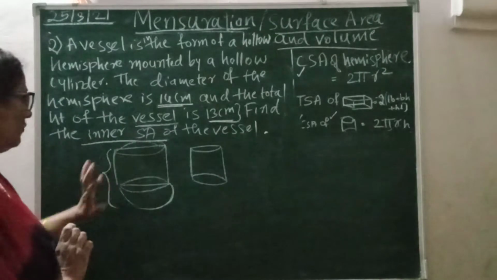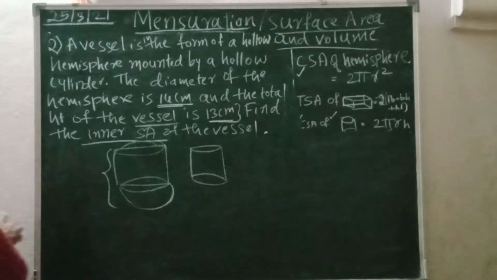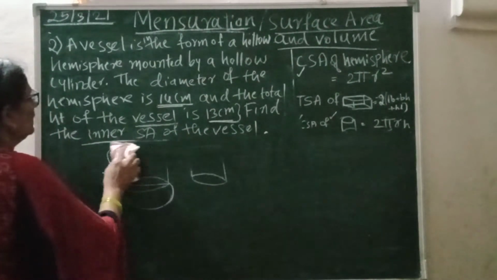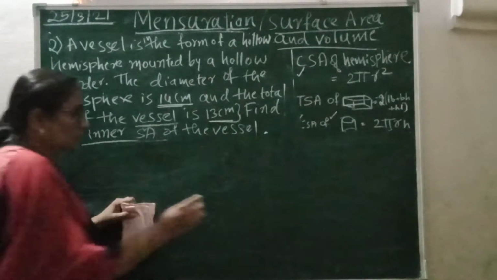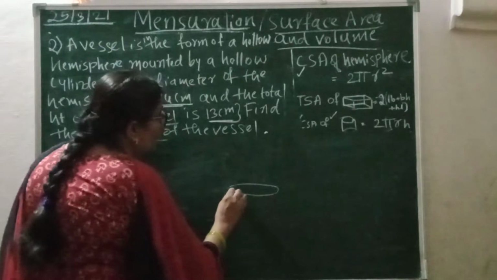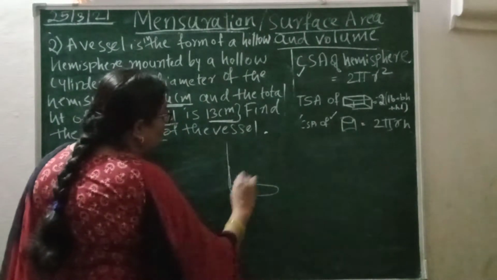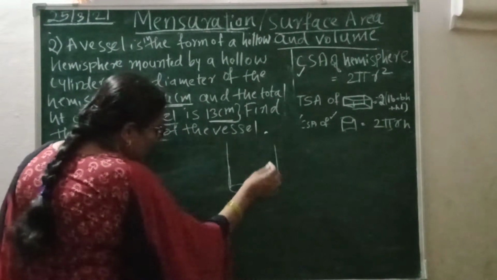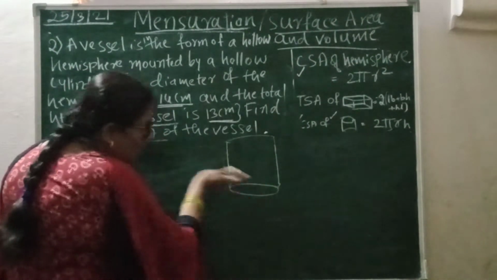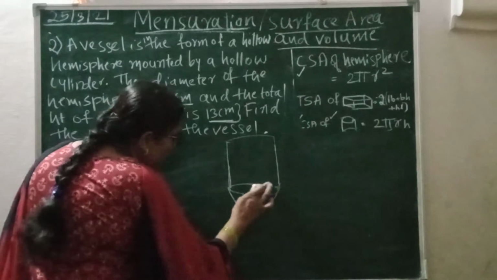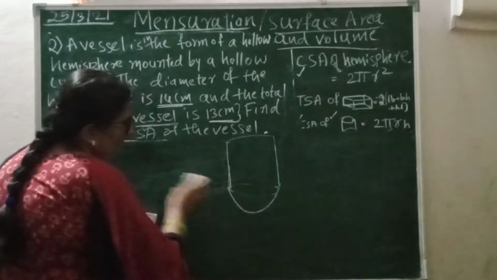Okay. Now these are hollow figures. That means you have to find the curved surface area of the figure. Why the curved surface area? Because the figure is hollow and over it a cylinder is mounted. That means we are not considering the bottom of the cylinder, because it is mounted over the hemisphere. So this is hollow, it is something like this you are getting. Am I right?